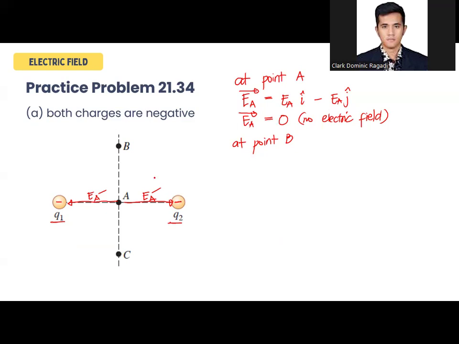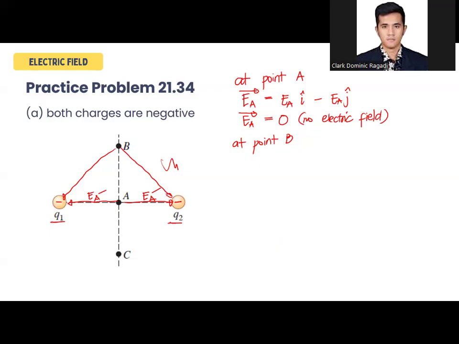So we have this electric field. Again, Q1 and Q2 are equal magnitudes, meaning the magnitudes of the electric field at B emanating from those charges are also equal.